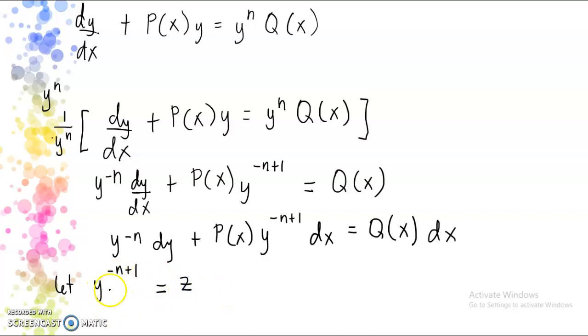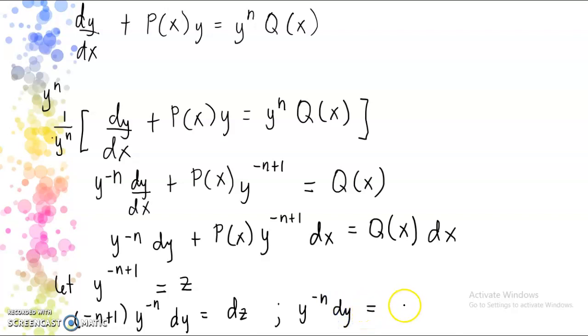Getting the derivative, we have negative n plus 1 times y raised to negative n dy is equal to dz. Let us change this so that y raised to negative n dy is equal to dz over negative n plus 1, which is also equal to 1 minus n.